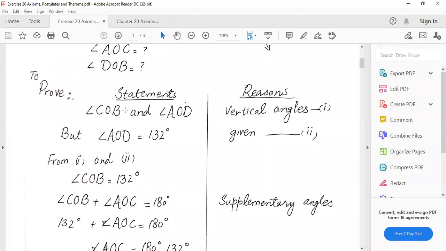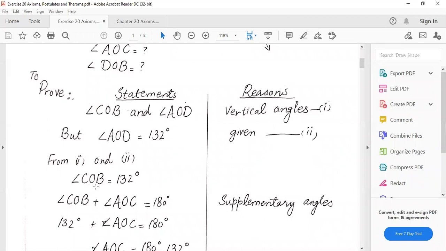What about the third one, AOC? We have to relate AOC with COB. Both are on a straight line, and a straight line angle is equal to 180 degrees. Remember this. We are done with the first one, AOD, which we kept equal to COB.